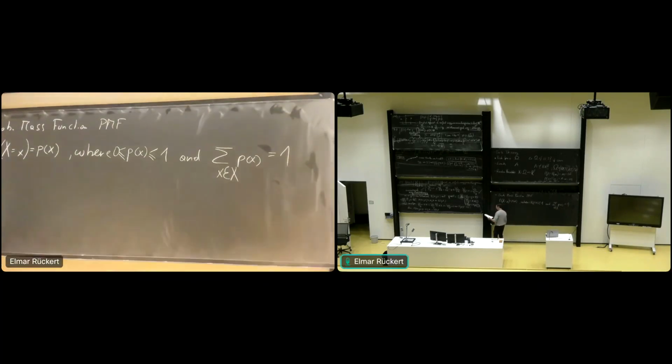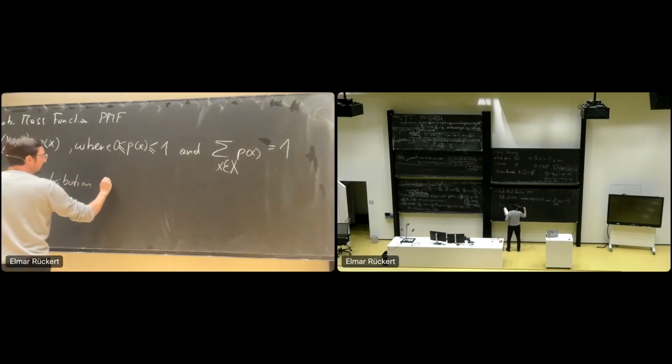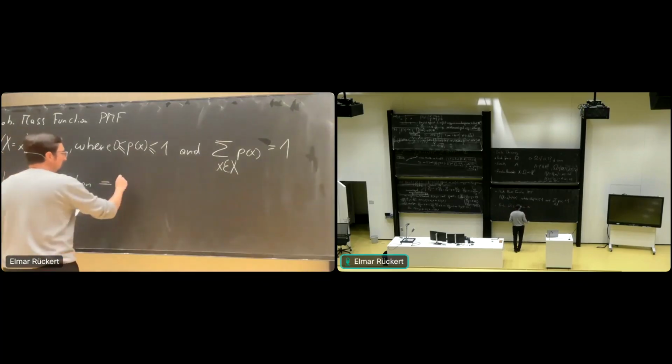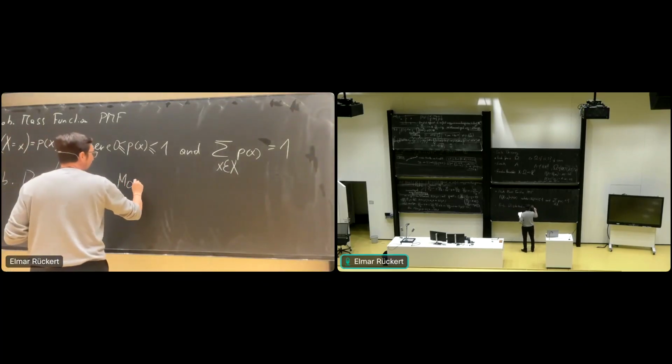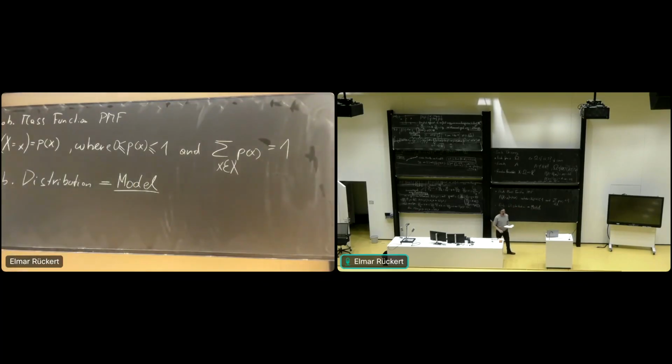Now to give you an example of a probabilistic distribution. That's actually the thing that I want to use in the future. A probabilistic distribution is for us the model, the machine learning model. Remember, y is equal to A times w. In this case, we use a probabilistic model.